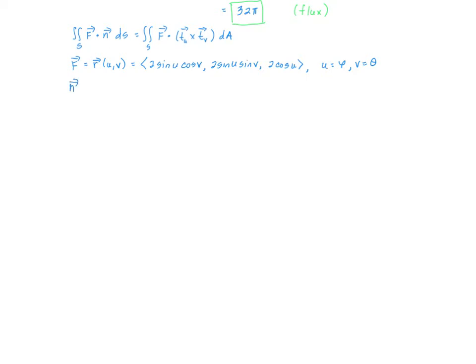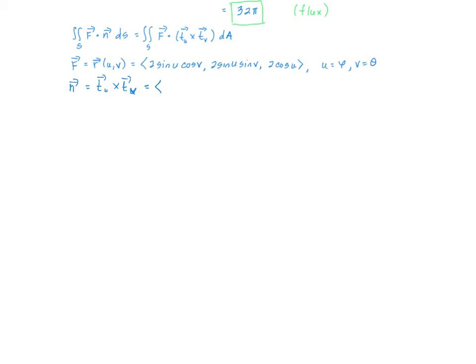Our normal vector, and again, we figured this out in a previous section. So instead of computing the derivative of r with respect to u, which would give me the tangent vector with respect to u, and then the derivative of r with respect to v, oops, sorry, I wrote u twice, which would give me the tangent vector with respect to v, and then crossing those, I'm just going to go to what this would be with radius 2.